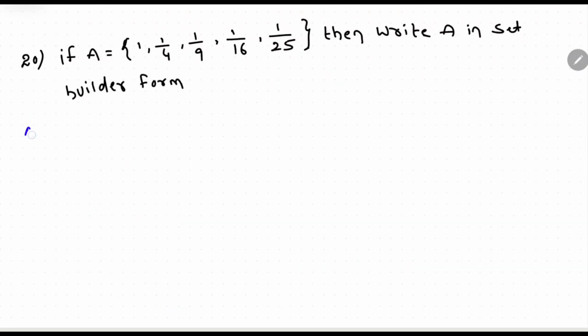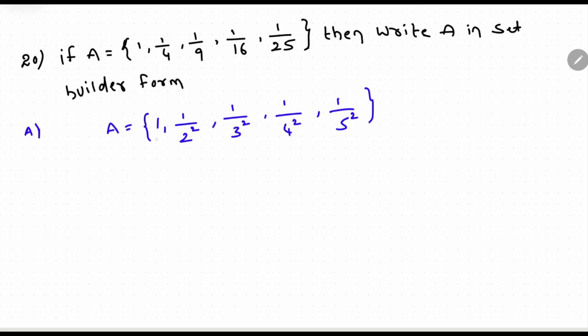Problem: we have the set A in roster form. So what is the set A? A equals 1, 1 by 4 we can write as 1 by 2 square, 1 by 9 that is 3 square, 1 by 16 that is 4 power 2, 1 by 5 to the power 2. So we are finding the common property.